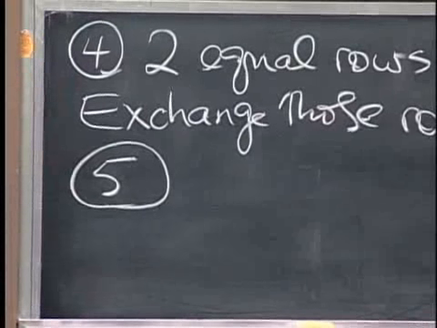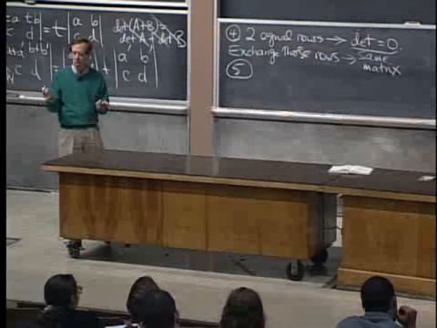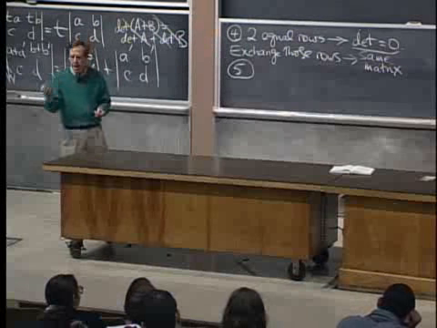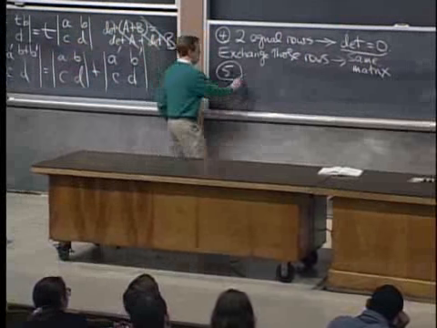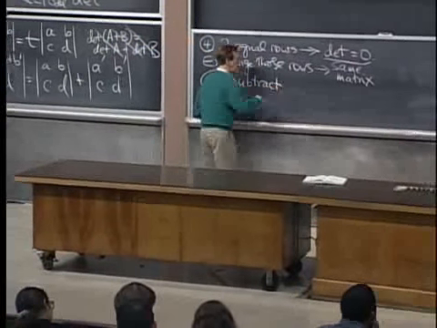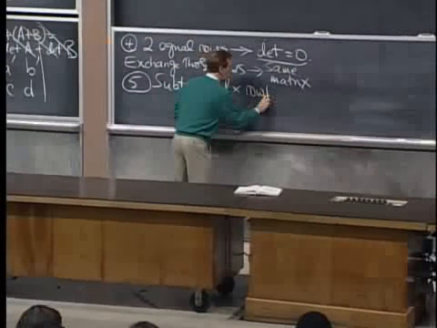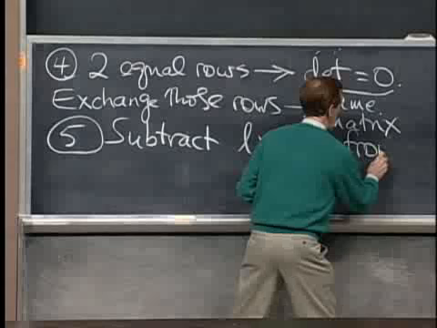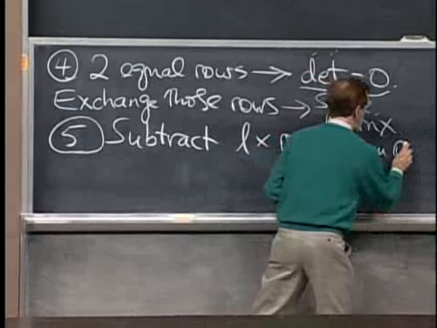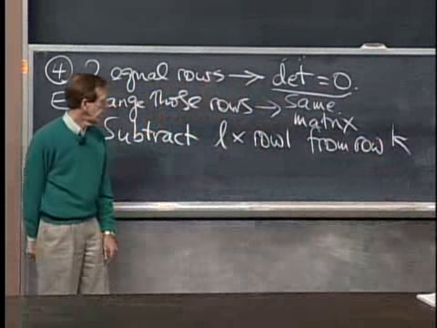It says that the elimination step that I'm always doing, subtract some multiple L times row 1 from another row, row K, let's say.